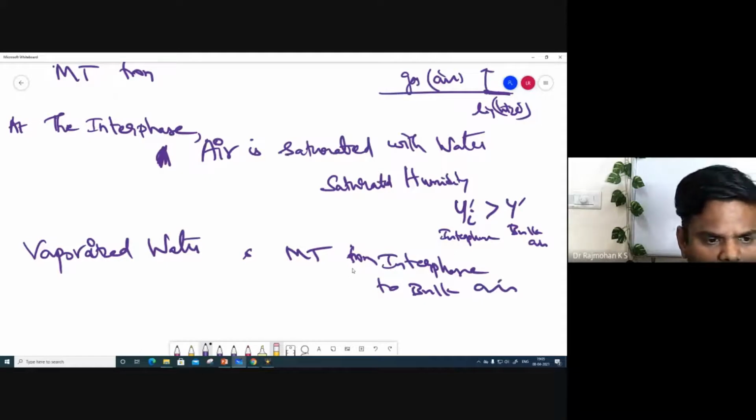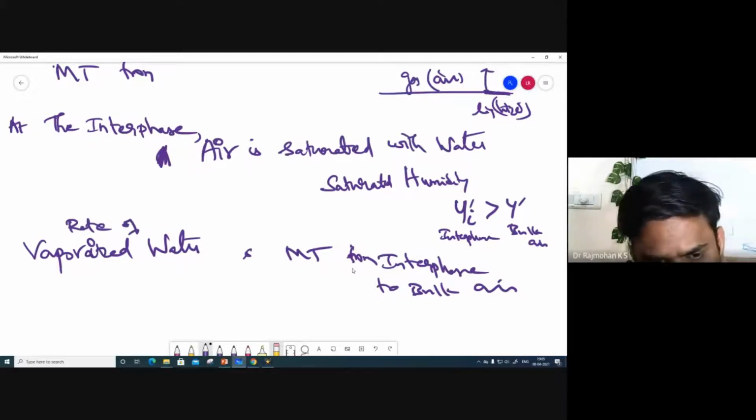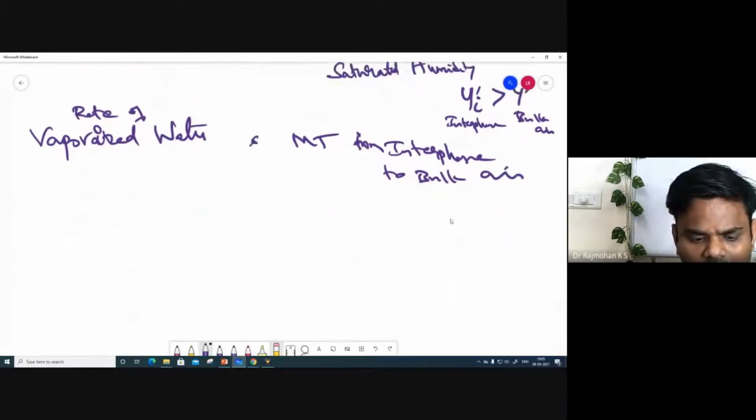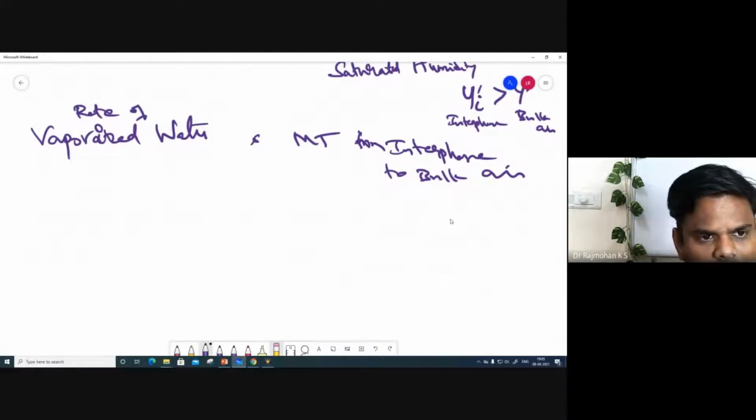Okay, so this is amount of water getting evaporated, rate of vaporization of water, and mass transfer from interface to bulk air will be equal at steady state, right? So that can be equated.